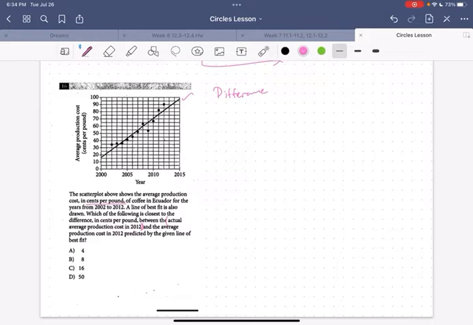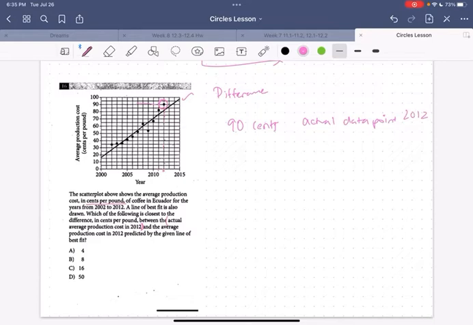In 2012, so it's 2010, 11, 12, the corresponding actual data point is this value. So that is 90, okay? That's 90 cents. This is the actual data point for 2012.